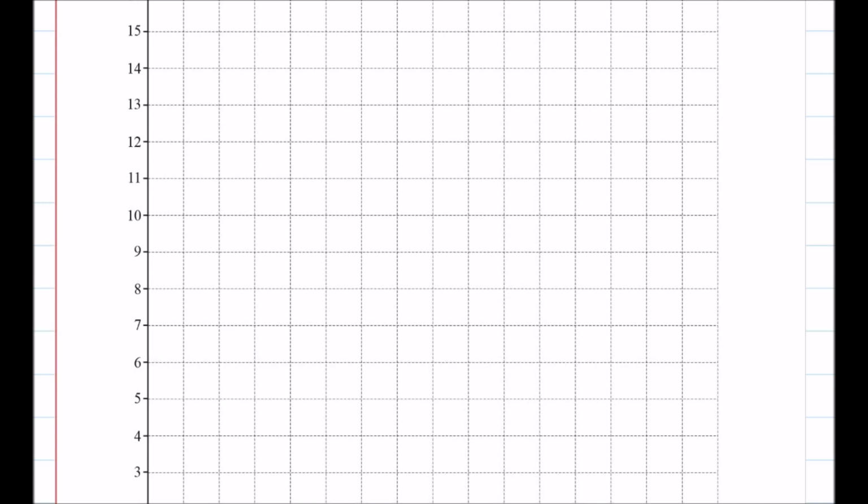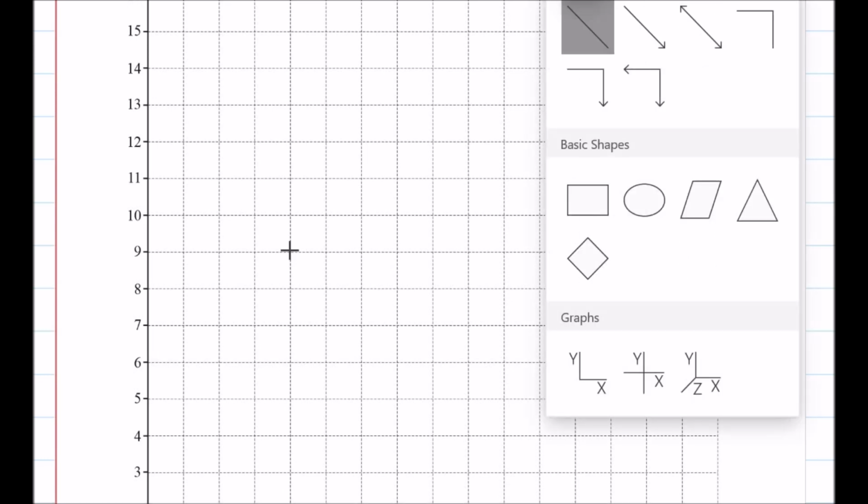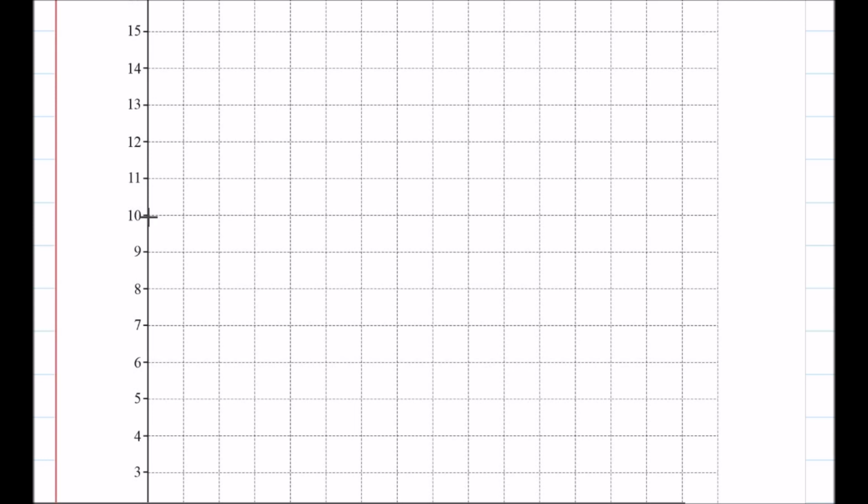Y equal to 10 is here. Draw. This is the line y equal to 10.